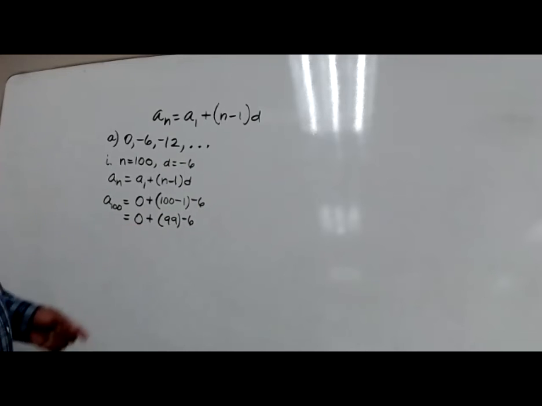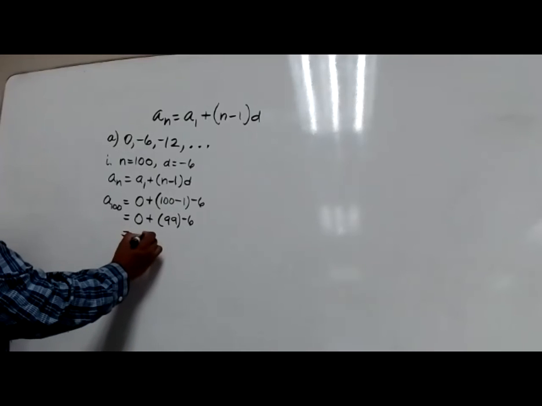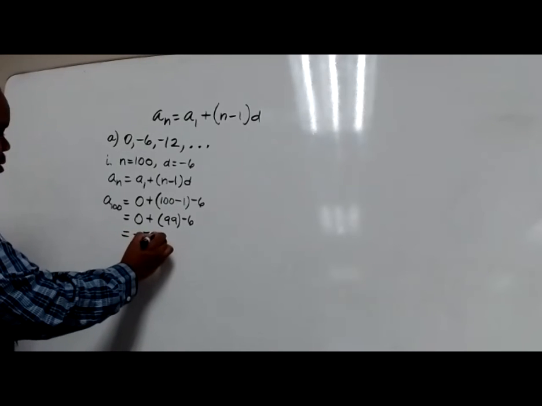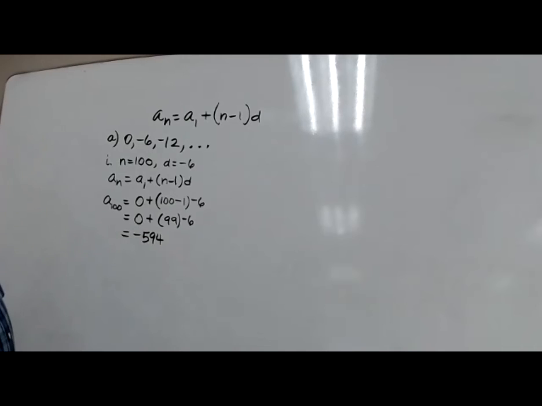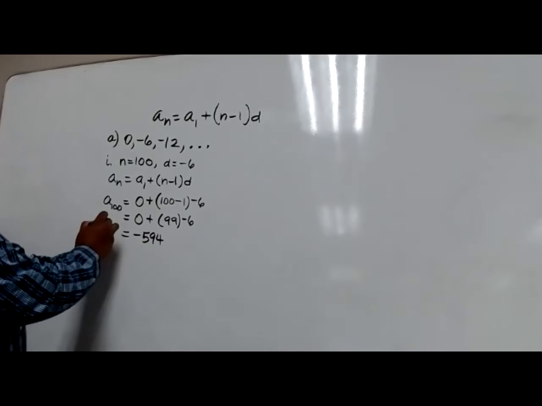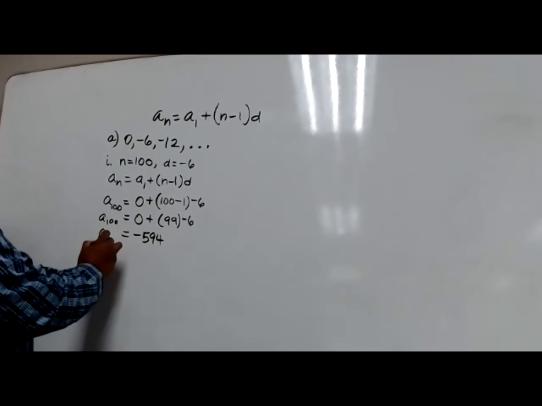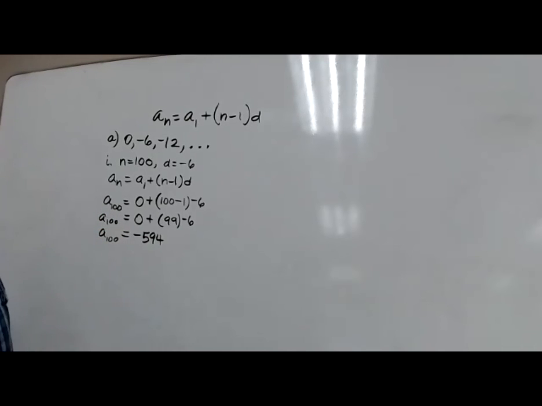What's 99 times -6? -594. Okay. So the 100th term of this sequence would be -594.